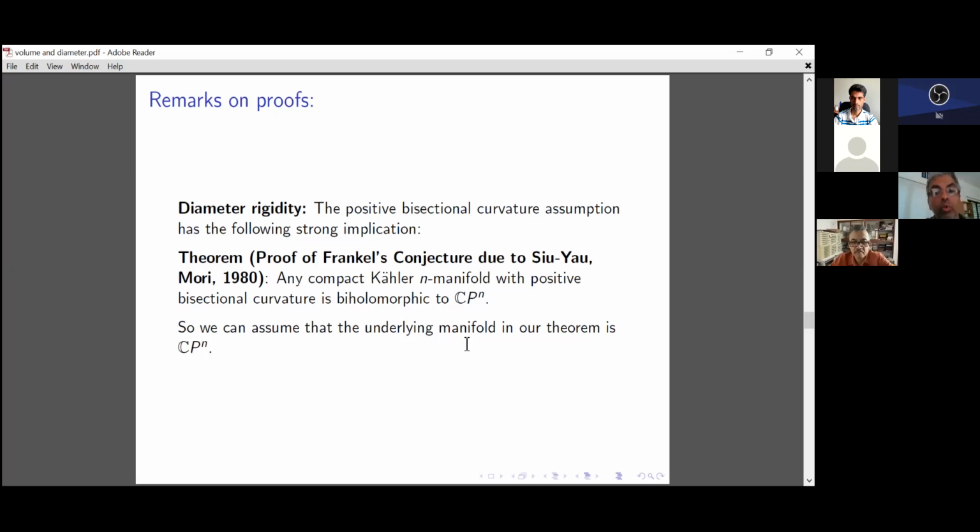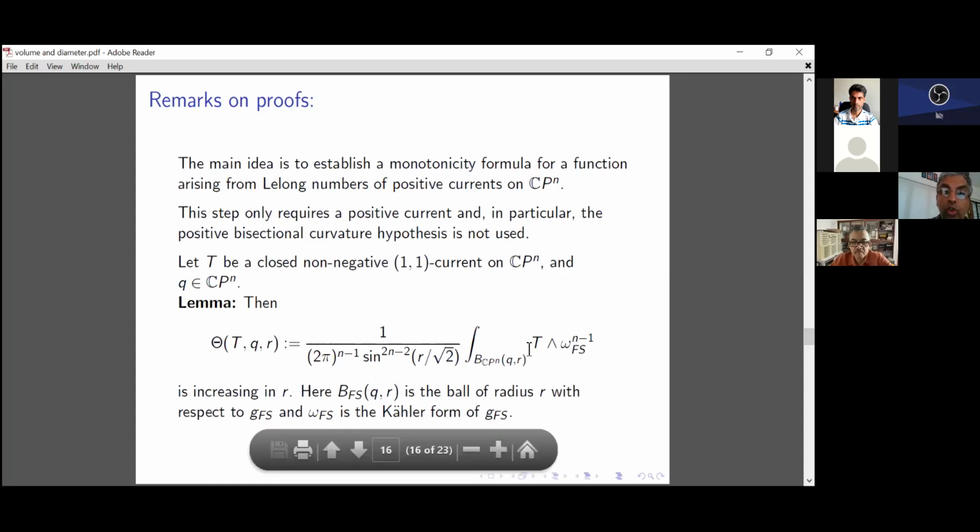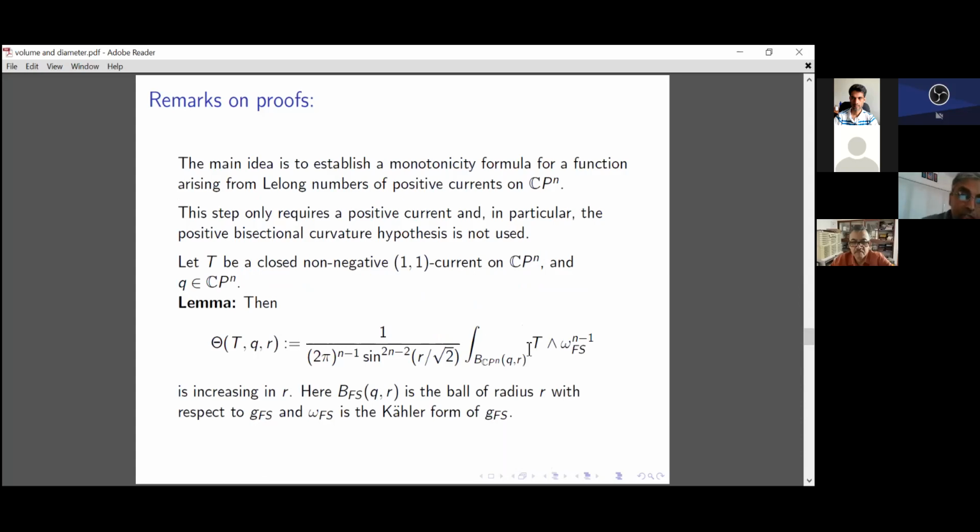And one would like to say that if the maximal diameter is attained, then the given metric is just the Fubini-Study metric. This part of the talk is quite technical. The proof involves consideration of currents on CPN.